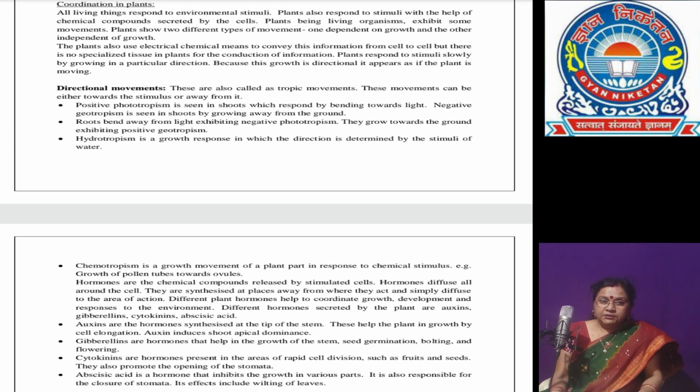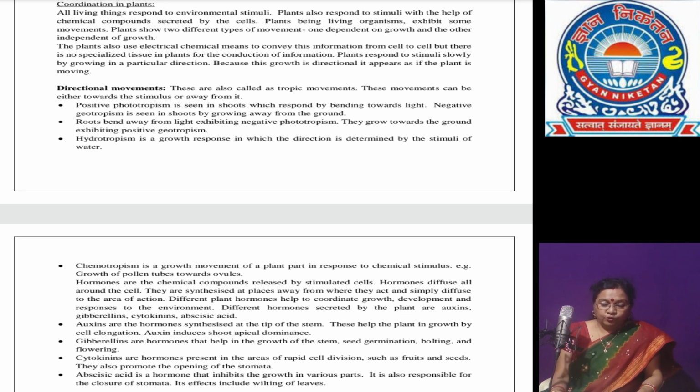Fourth type is abscisic acid. It is also called ABA hormone. It inhibits the growth of the plant and it also promotes dormancy in seeds and buds.